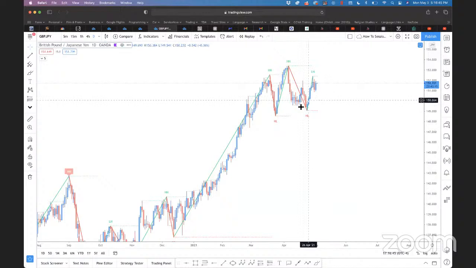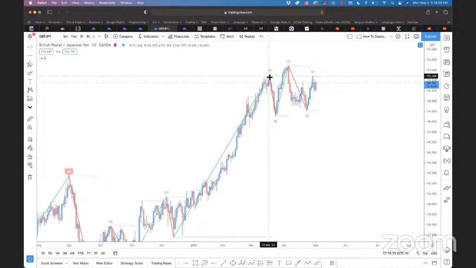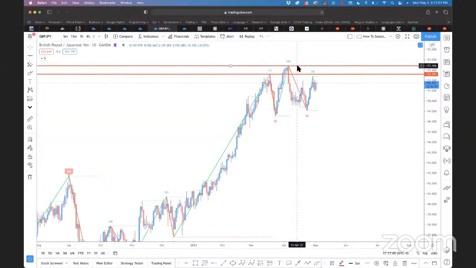Either way, I'm looking for major areas of resistance. If I'm on a higher time frame, like we know it's sold off from here, sold off from here, right? So I know this area right here is an area that I would want to pay attention to. This area right here, another area I want to pay attention to, right?